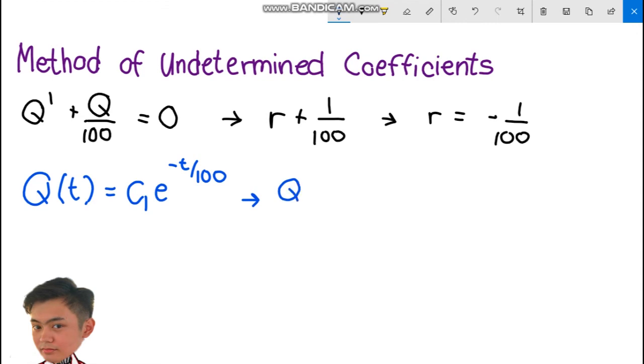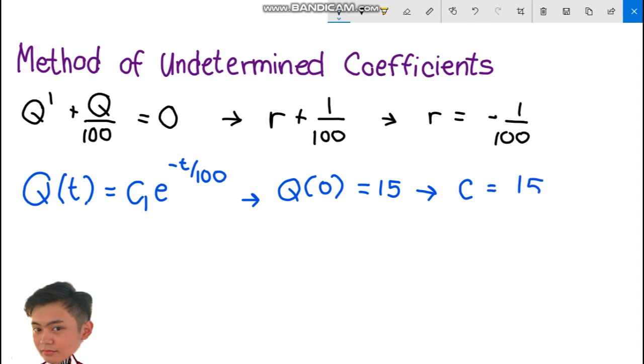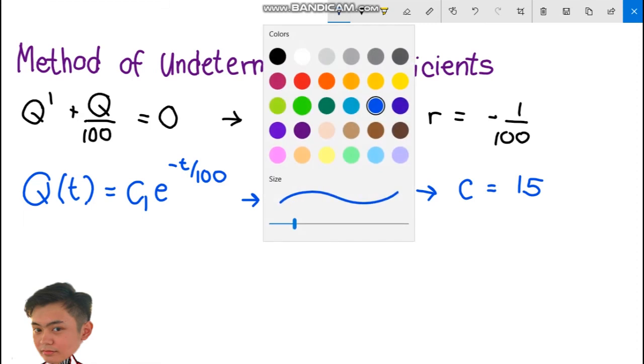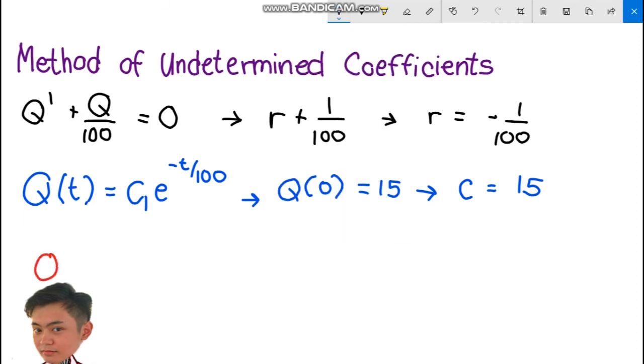And when t is equal to 0, Q(0) is equal to 15. So C is equal to 15, because anything raised to 0 is equal to 1, and C times 1 is equal to C. So Q(t) is equal to 15 e raised to negative t over 100.